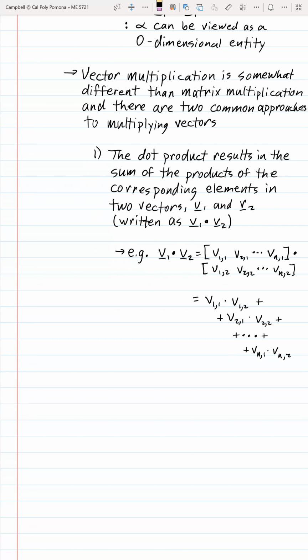And that captures the value of the dot product.